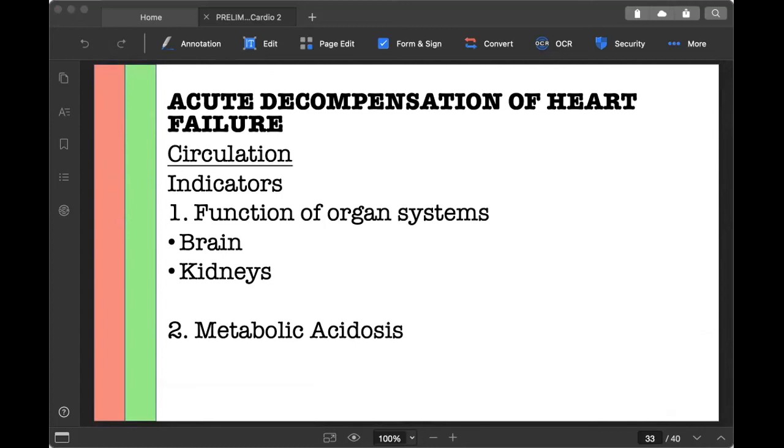With this one, it can lead to confusion and change in your LOC. Okay, how about in terms of the kidney? There's going to be an increase in your BUN and creatinine. Remember that BUN and creatinine always go together, and they are indicative of the renal functions. We also have your metabolic acidosis.